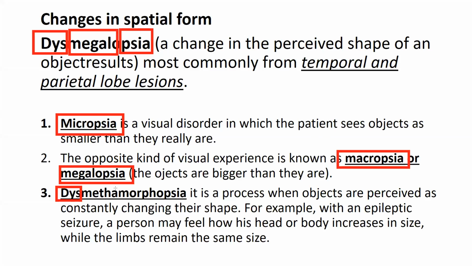And one of the most interesting but not so often cases of this is metamorphopsia. Meta means it's constantly changing in the shape that we observe. So the person sees that objects are in a process of changing their form.